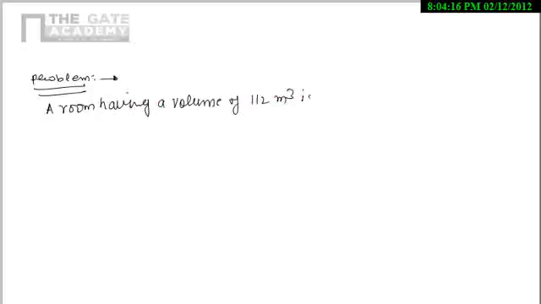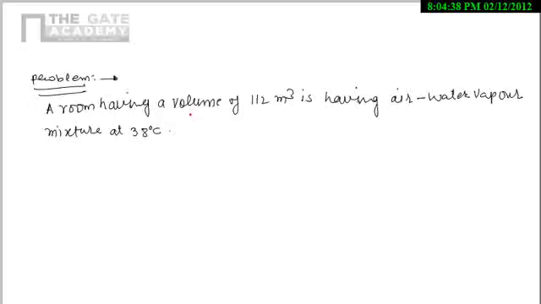So now let's take another problem. I am writing the problem here first. A room having a volume of 112 meter cube has an air water vapor mixture at 38 degrees centigrade.